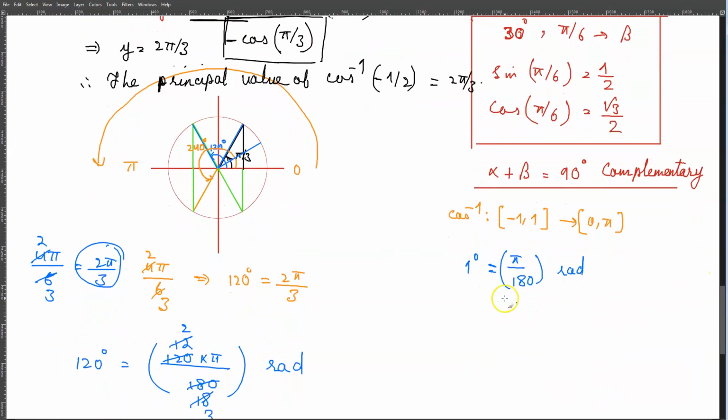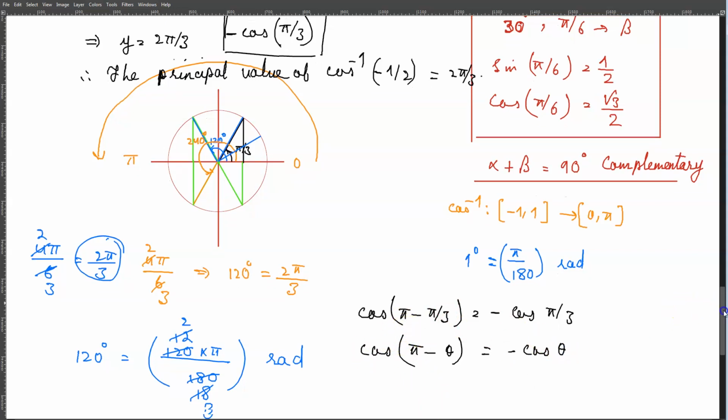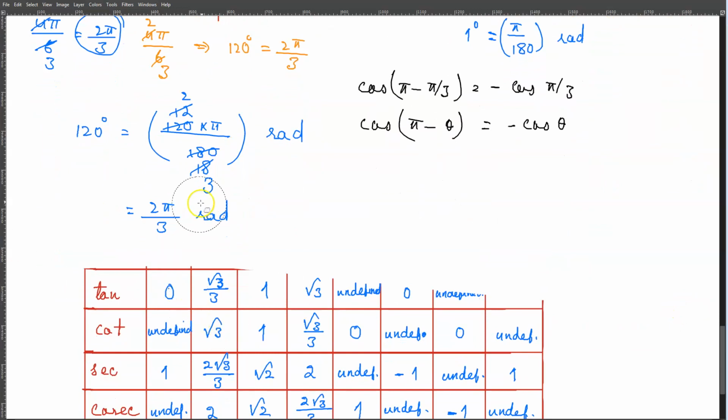And the formula is that the cos of pi minus pi by 3, or pi minus theta, is actually equal to negative cos of pi by 3. In other words, the cos of pi minus theta is going to be equal to negative cos of theta.